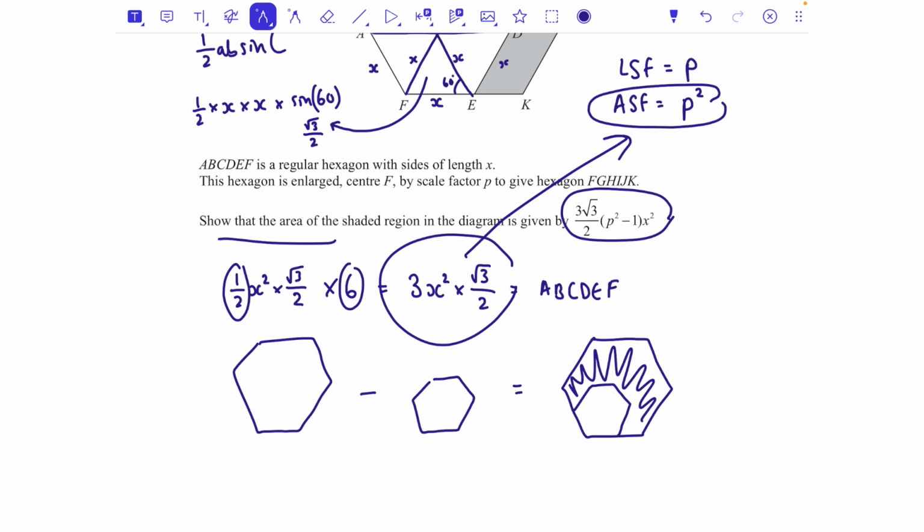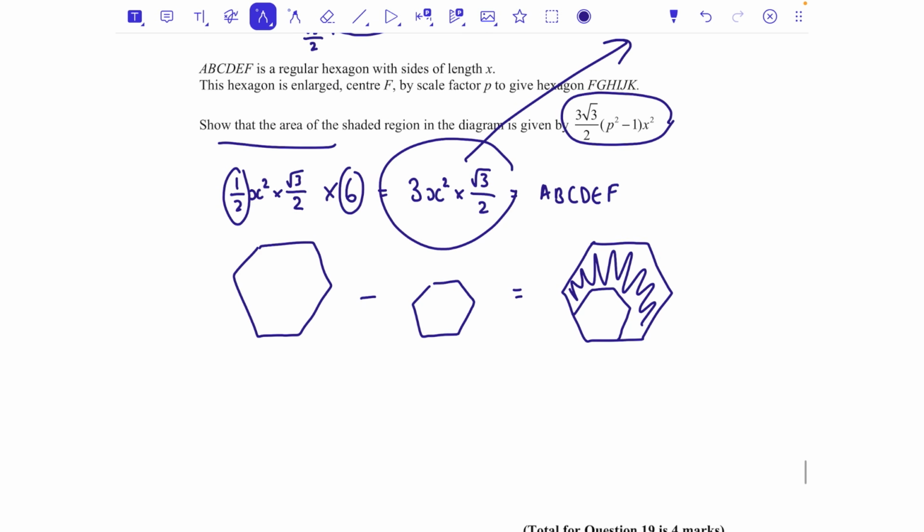So if I have the big hexagon and take away that bit, I'm going to get the bit that's left. So this here is 3x squared times root 3 over 2, but we're going to times it by p squared because that's going to make the area bigger. Take away the original, which is 3x squared times root 3 over 2, and that will be the area.